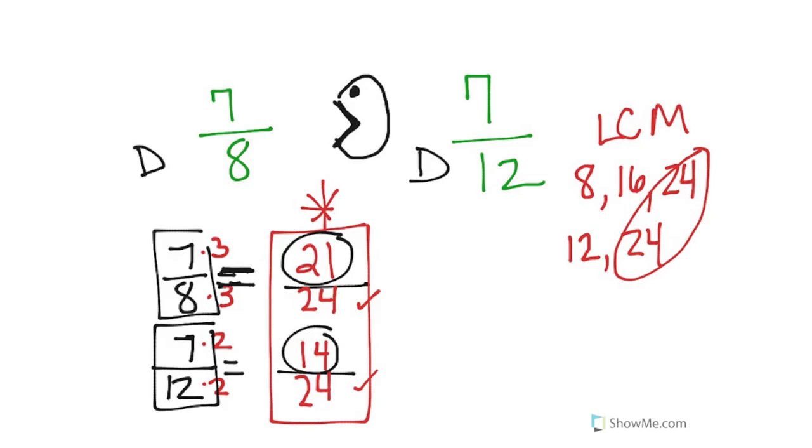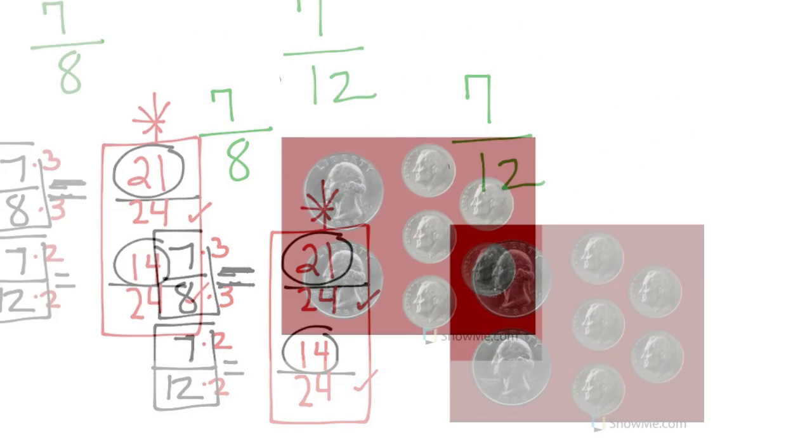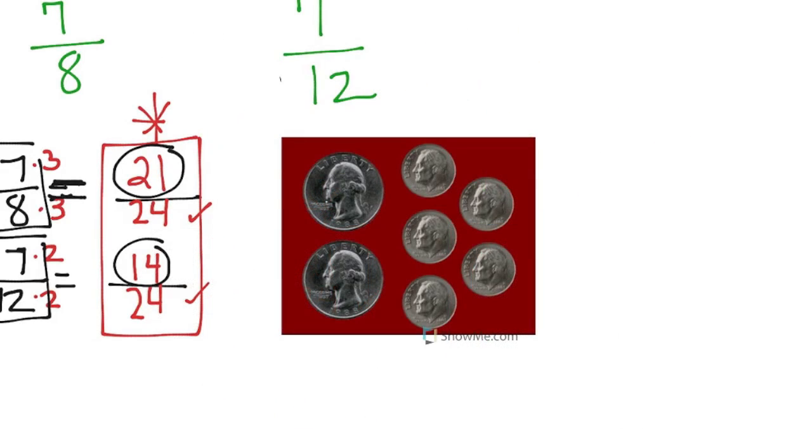Now, guys, for some of you, you're probably asking, well, why are you changing it? Why are you changing the fraction? Actually, I'm not changing the fraction. All I'm doing is changing the way it looks. Let's think of money. If I have 2 quarters, how much do I have?